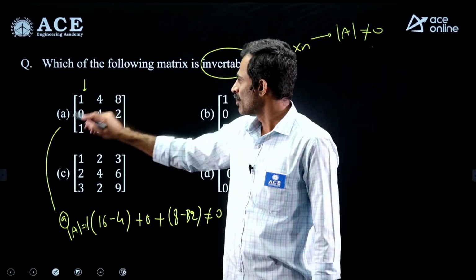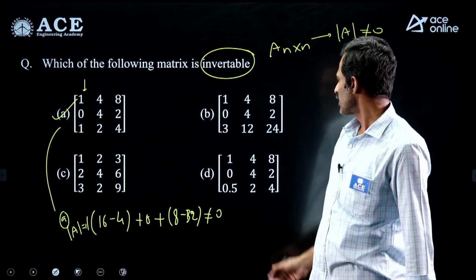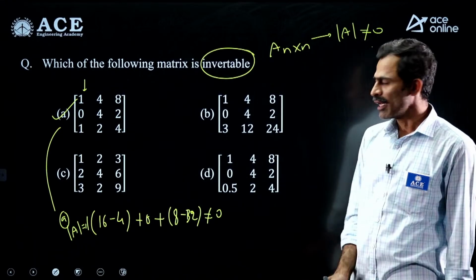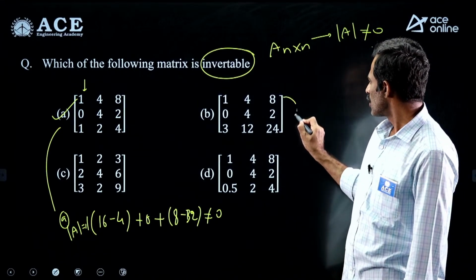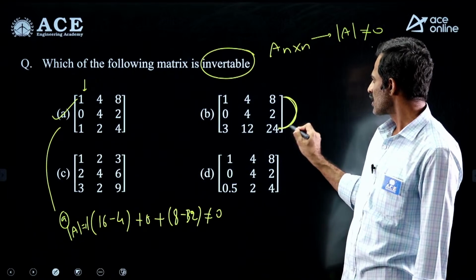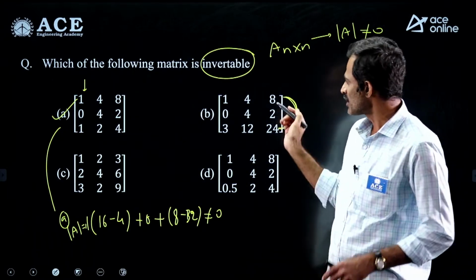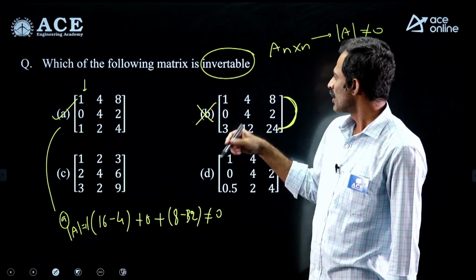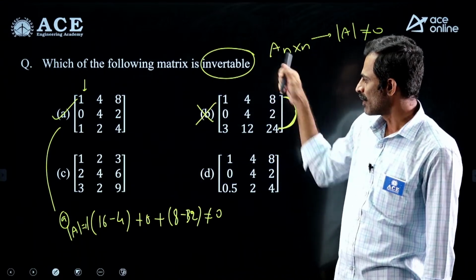This matrix is an invertible matrix. Option A is correct. And here, if you observe all the elements, the first and last rows are proportional. When two rows are proportional, the determinant is always 0. So this is wrong. Because it is singular, the inverse does not exist, not invertible.